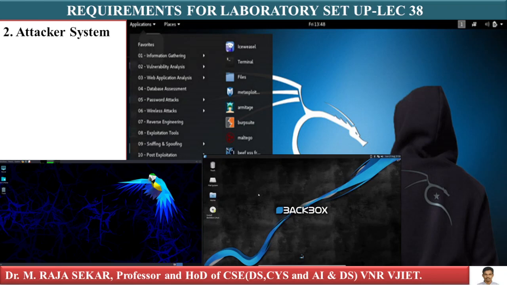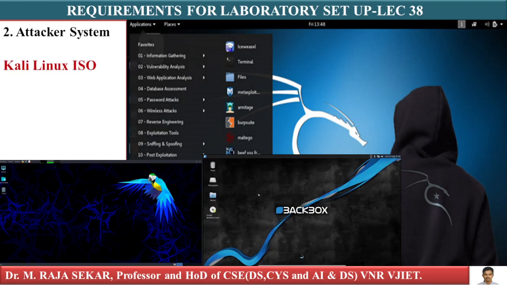You should have a system where the required tools are present through which you can mount attacks; that is the attacker system. There are many such attacker systems available through which you can mount various kinds of security attacks.